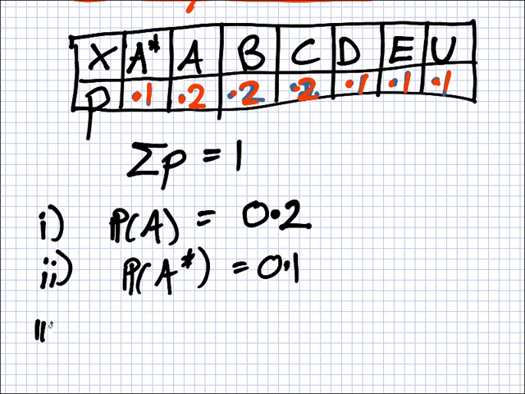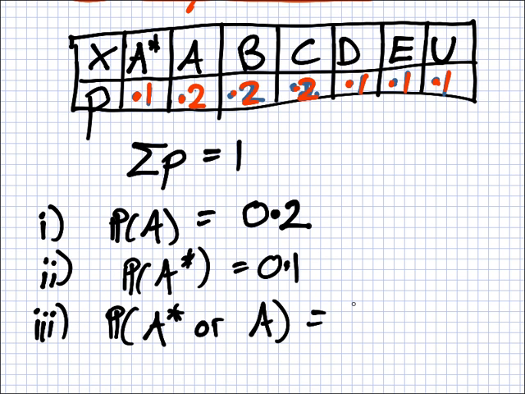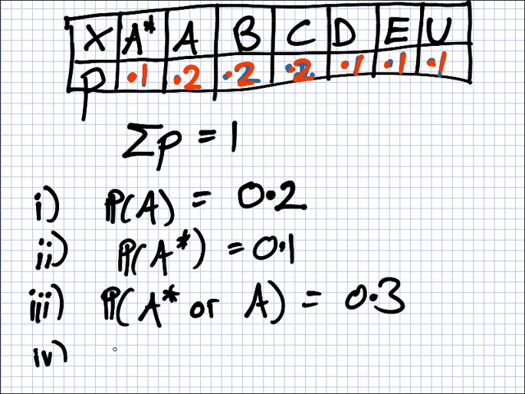Okay. Let me give you one to try. What's the probability the student will get an A star or an A? 0.3. Good, okay. What's the probability the student will fail? Yeah, and fail means less than 40%. So it'll be 0.2 because these two grades.